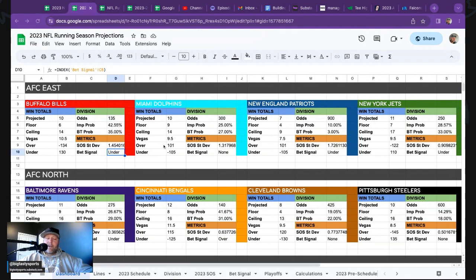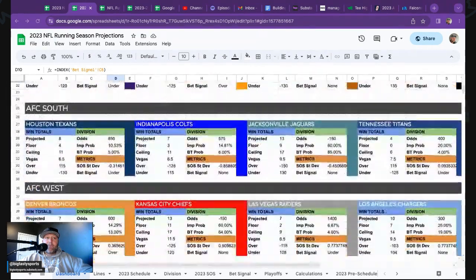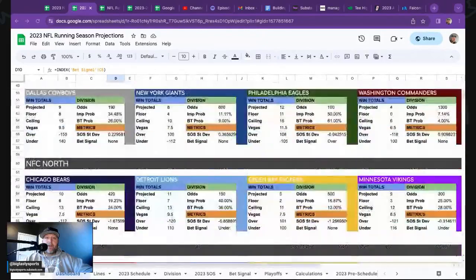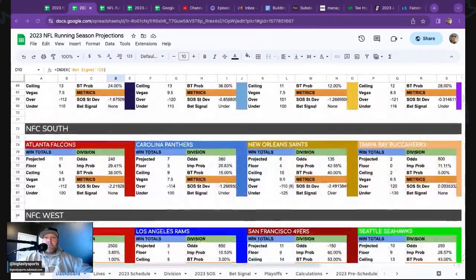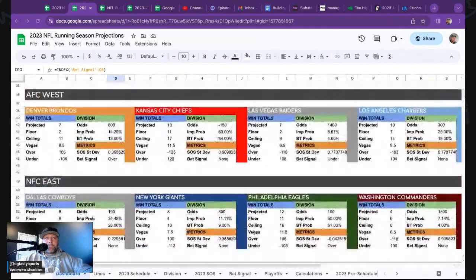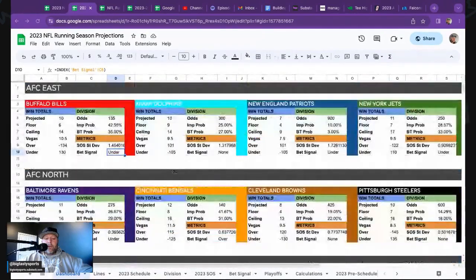You can see here, it's obviously separated into different divisions. So you've got the AFC divisions one at a time, and then below here, you've got all of the NFC divisions, not only in alphabetical order, but color coded. When there's alternate uniforms, it's hard to know which color to go with, but I just had to make those decisions. So I hope everybody's okay with it.